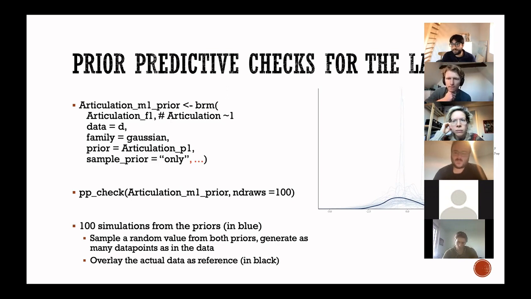At each step, it finds two values, one for the sigma and one for the mean. When we do PP check, we take 100 of these couples because they might be correlated. So we don't sample independently, we sample in the joint parameter space.